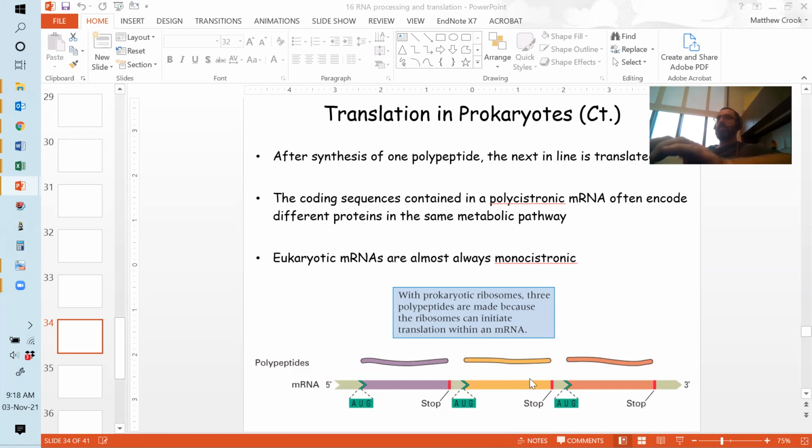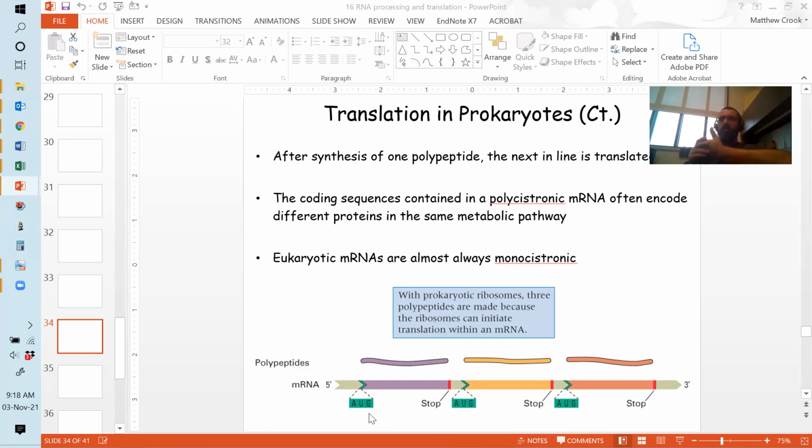Right, so this is one continuous mRNA, but it produces 3 distinct polypeptides. And so essentially, it's like producing the whole packet, right? And from that, you can make all of the proteins that you need.